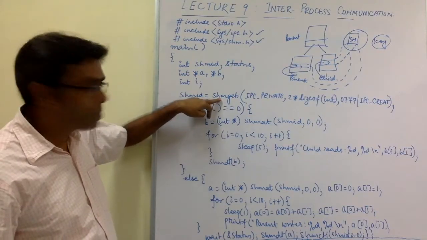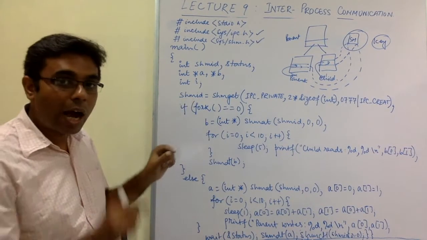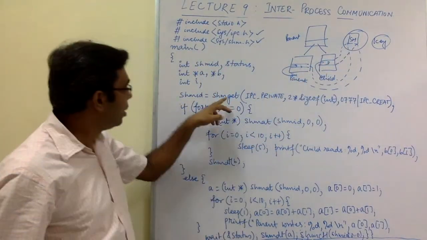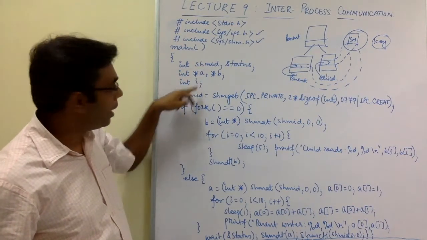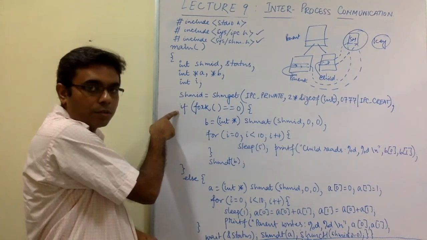The value that is returned by shmget is the ID of the shared memory segment that is created. That is held in the integer called shmid.